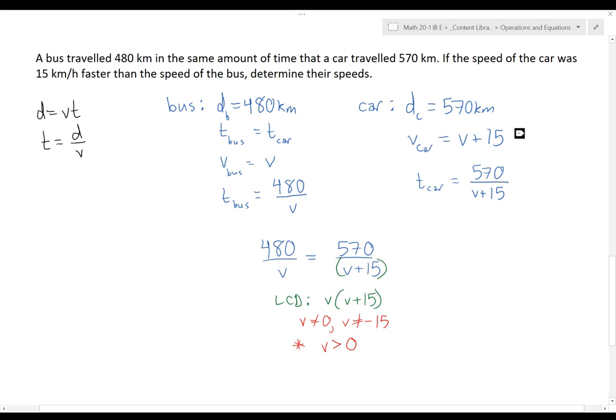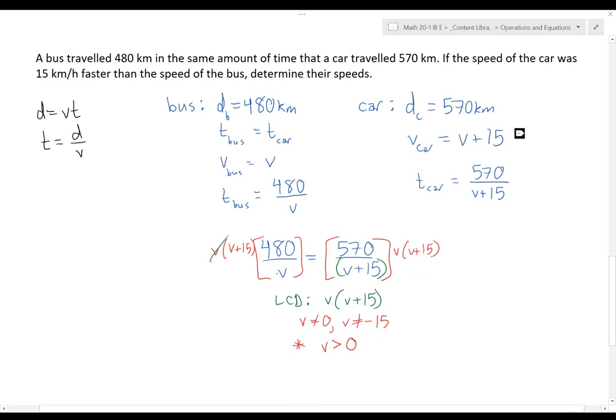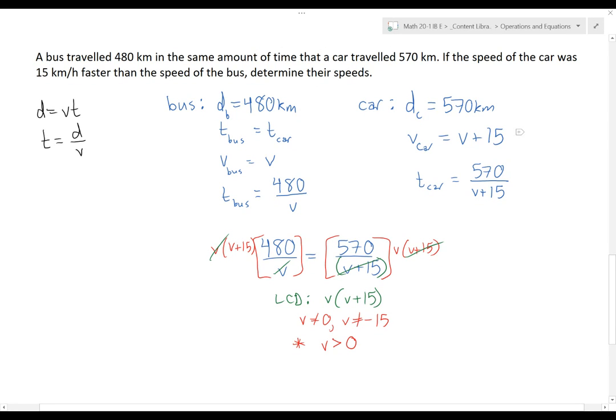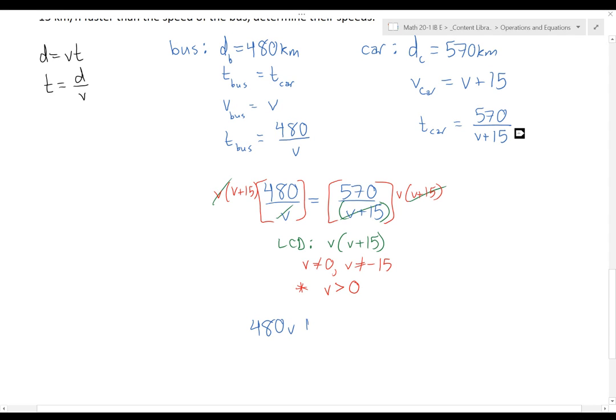But what I'm going to do now is multiply both sides of this equation by V times V plus 15, which means that on the left-hand side, the V cancels. On the right-hand side, V plus 15 cancels. So what I end up with when I distribute, V plus 15 times 480, is 480V plus 15 times 480, which is 7,200.